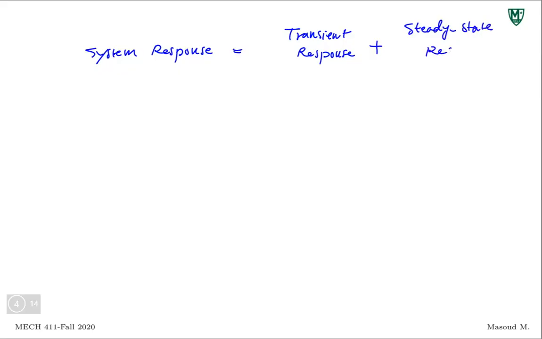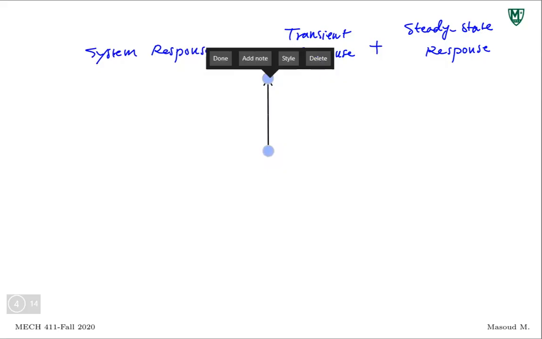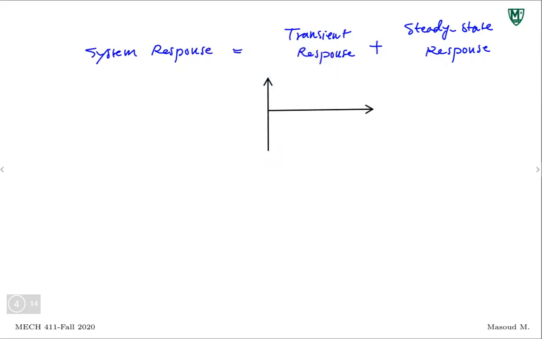Right? That's what the equation was telling us. What does that mean? If I draw the transient response here, in some schematic way, remember, transient response occurs because of initial conditions, right? That's the homogeneous part of the solution.